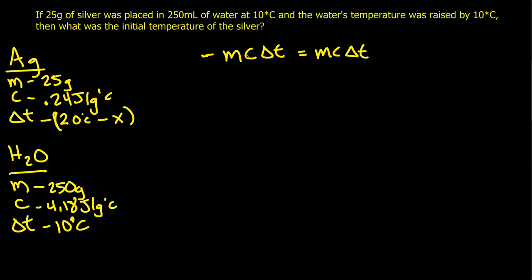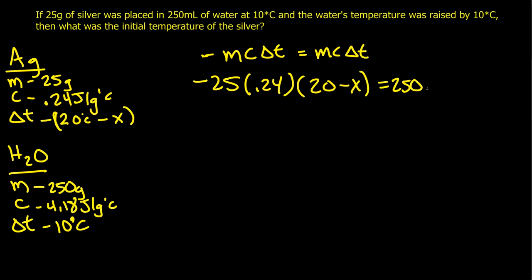So silver needs to be negative. So I got negative 25 times 0.24 times 20 minus X is equal to 250 times 4.18 times 10. So again, that's the mass, specific heat, temperature change of silver. That's the mass, specific heat, temperature change of water.